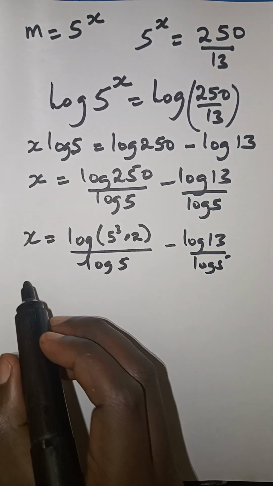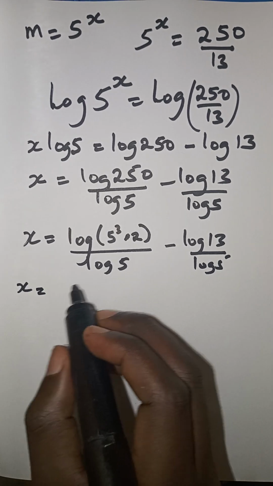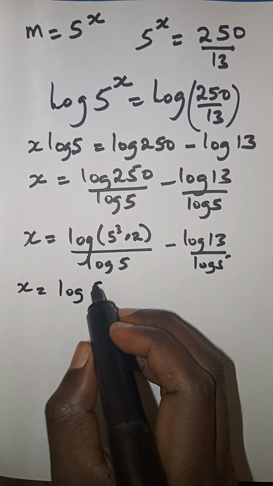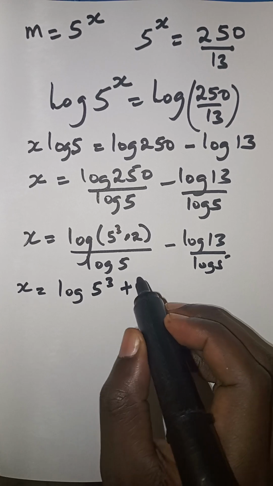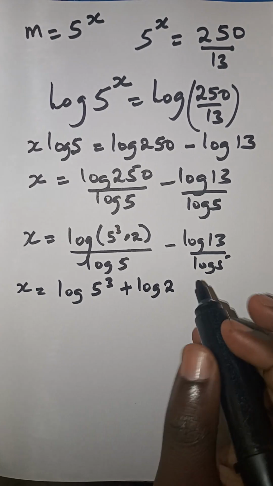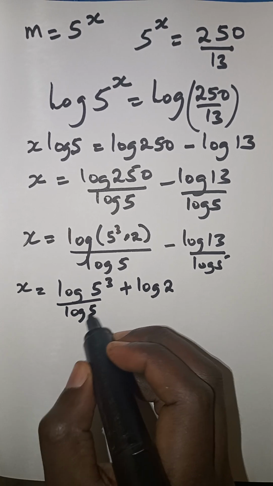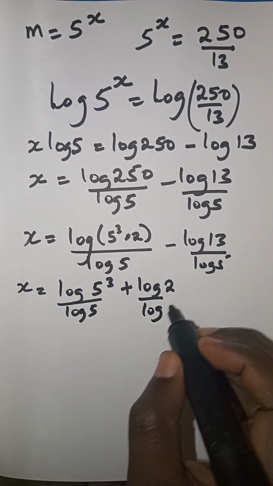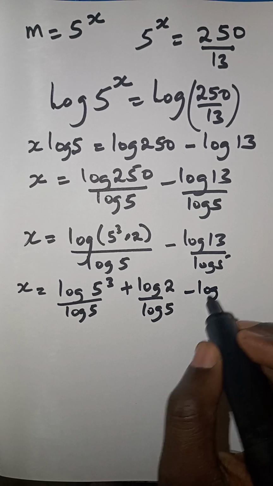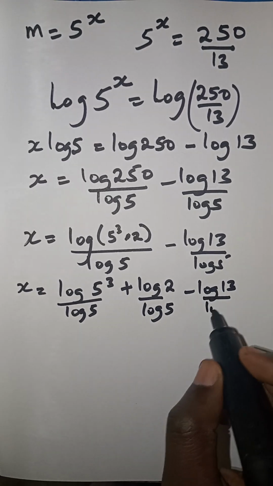This can be separated as x is equals to the log of 5 to the 3 plus the log of 2. Of course, the base is log 5 minus log 13 divided by log 5.